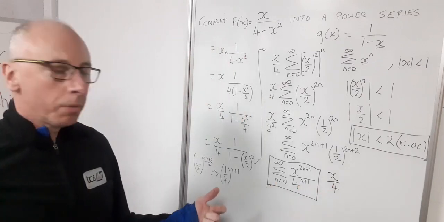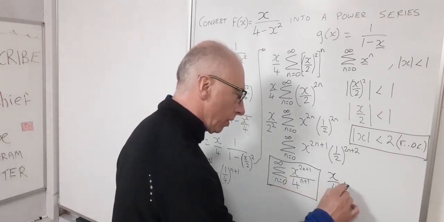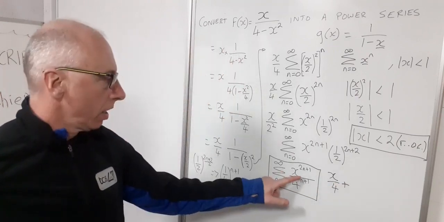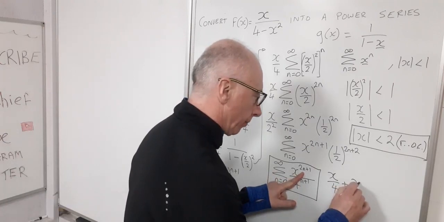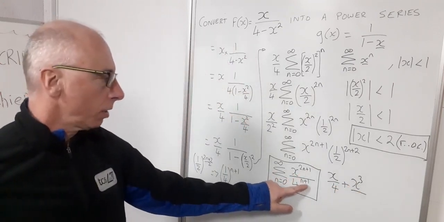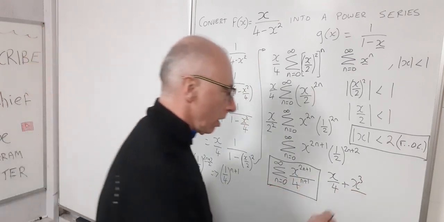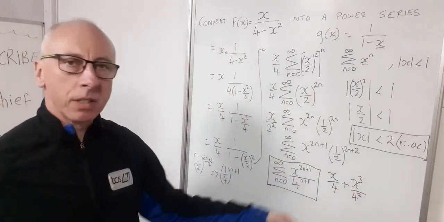So that's the first term in my polynomial. Then my second term, it's always going to be positive, so straight in with a plus sign. When n is 1, I've got x to the 3. And then my denominator, n is 1, that's going to be 2, so that's 4 squared.